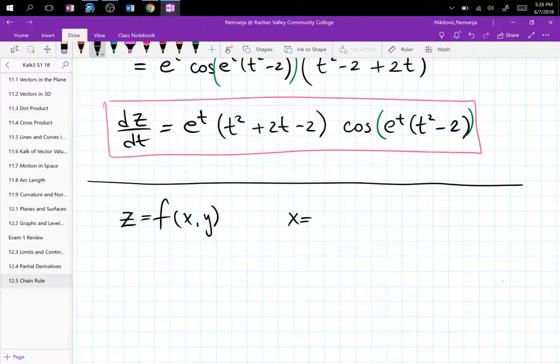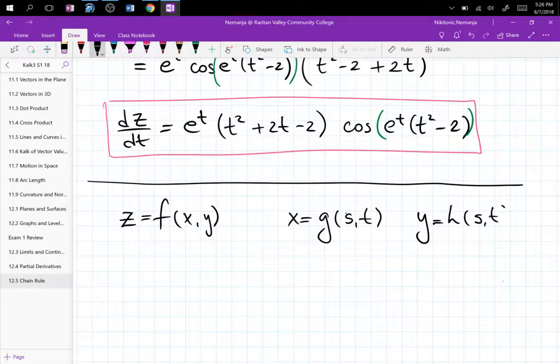And now your x is a function of s and t, and your y is a function of s and t. Now I have two parameters that are driving the variable that is driving the function, right?